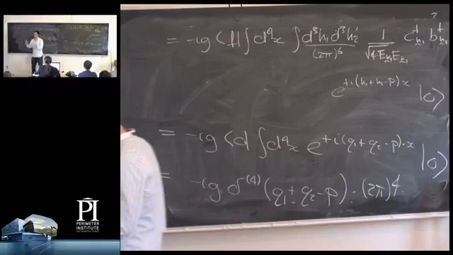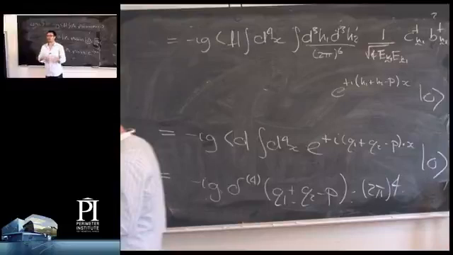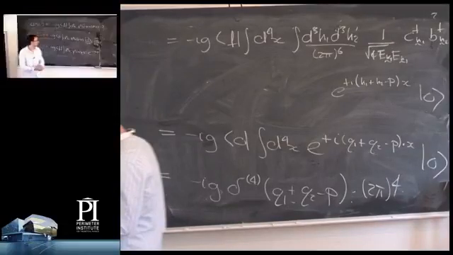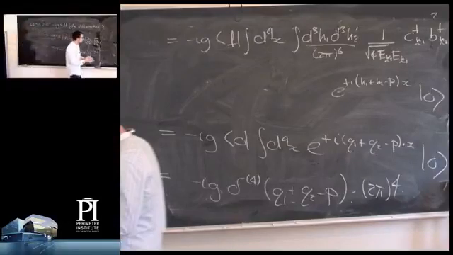And then there are a few annoying factors to do with going from relativistic to non-relativistic normalization, but basically the half-life goes as g squared. Okay, that's the decay time. The amplitude squared is the probability for decay. So it's a bit of algebra, but not too bad.